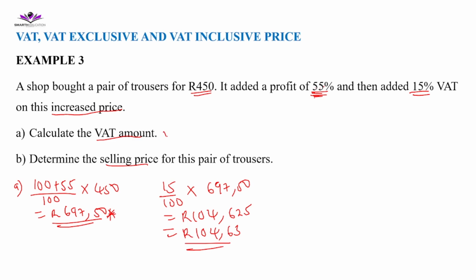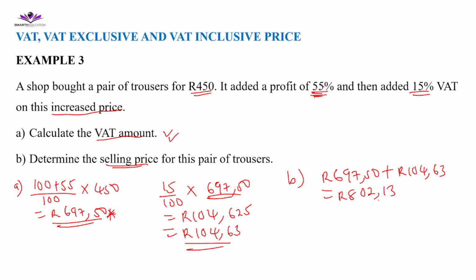So we've answered A here. Then it says determine the selling price of this pair of trousers. So to this new price, which is 697, we add the VAT amount. So it's going to be 697 rand and 50 plus 104 rand and 63 cents, and then we get what? 802 rand and 13 cents.